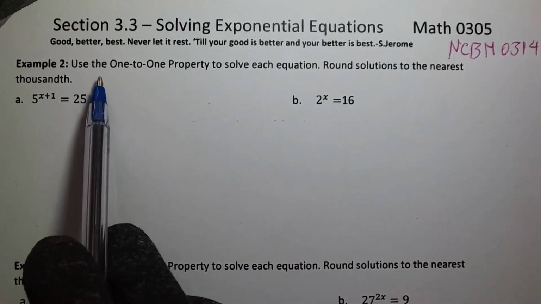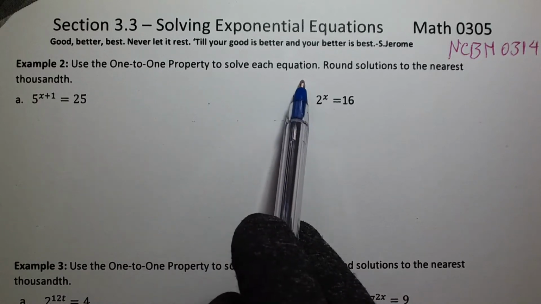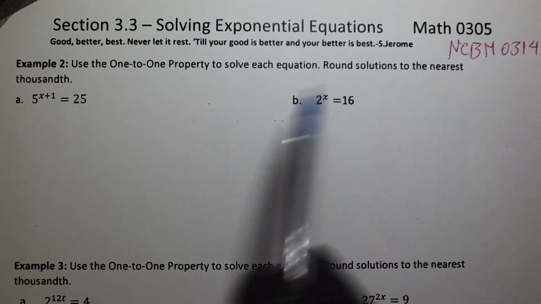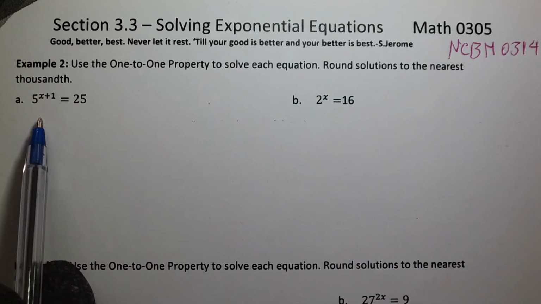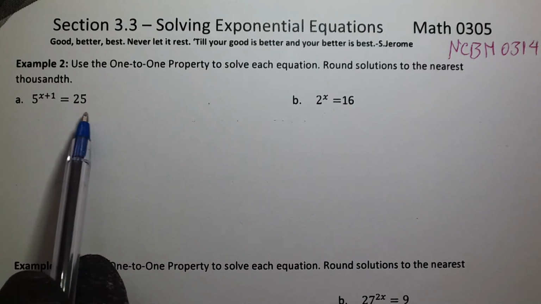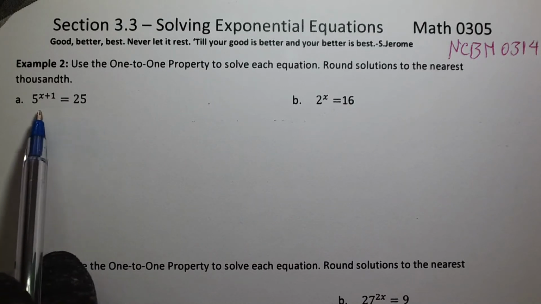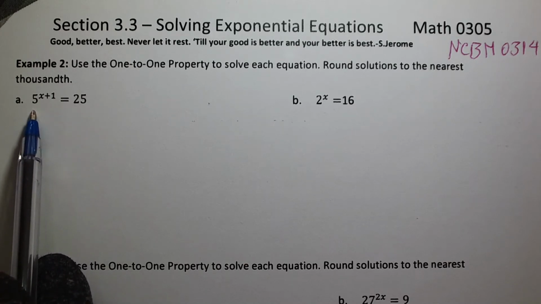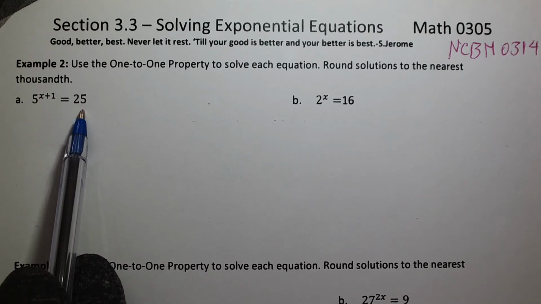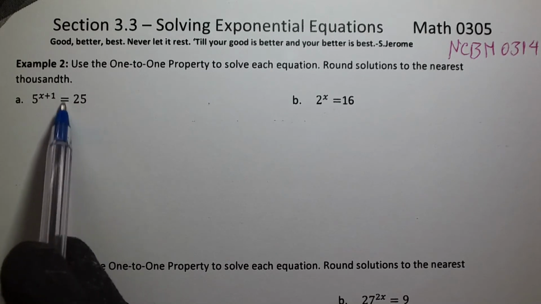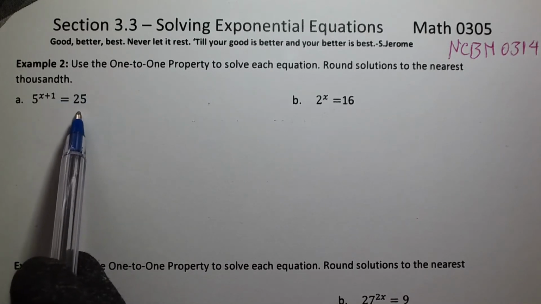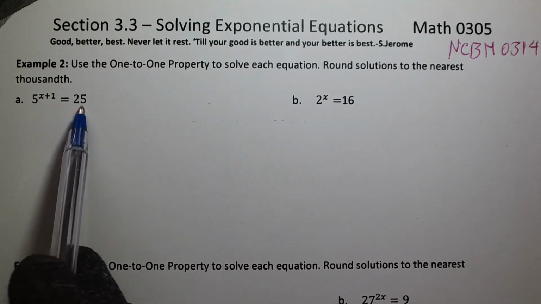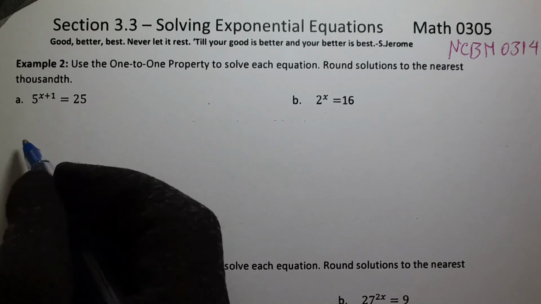In this example, we will use the one-to-one property to solve each equation and round our solution to the nearest thousandth. 5 to the power of x plus 1 equals 25. You see on the right side, we don't have the same base as the left side. So we need to write the right side as an exponential form such that the base is 5. We know 25 means 5 times 5, or 5 squared.